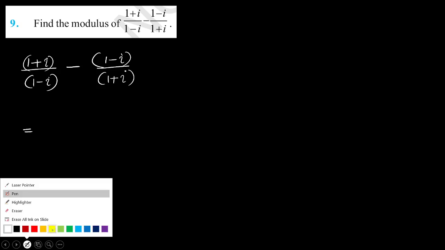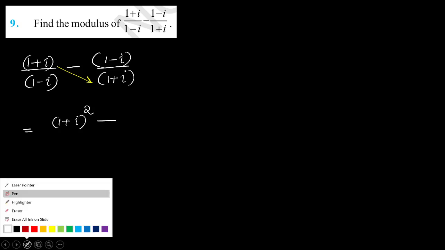You know how to add or subtract two fractions. Just like the normal method, do the cross multiplication like this. I mean (1 plus i) into (1 plus i). Correct. (1 plus i) into (1 plus i), (1 plus i) whole square. And minus to be written after that.